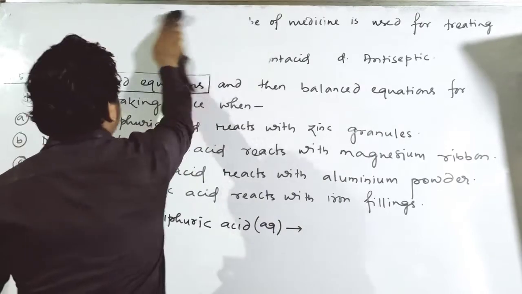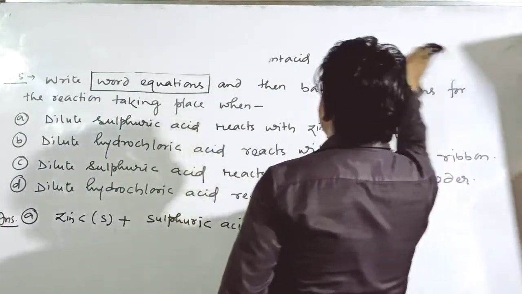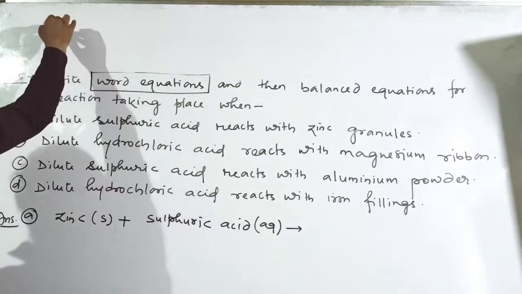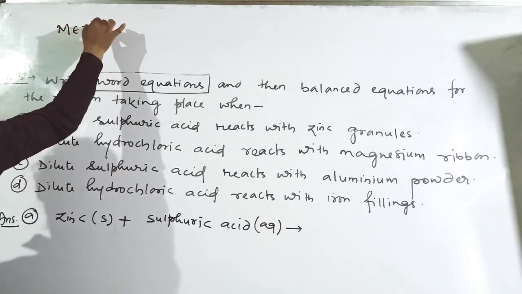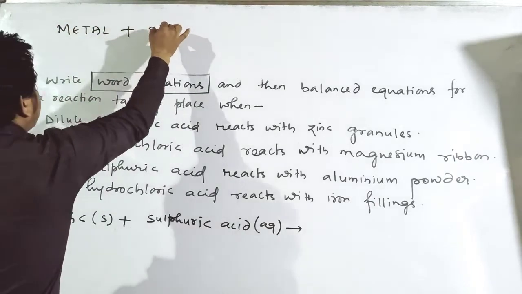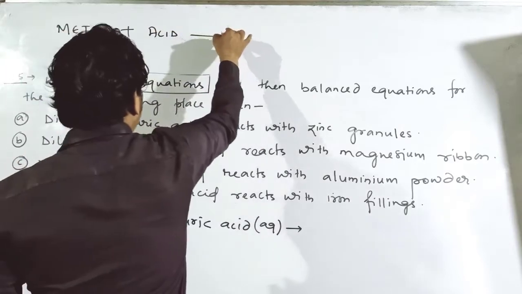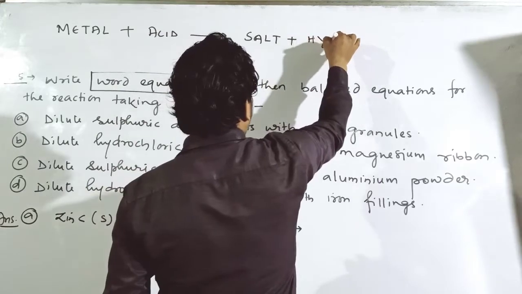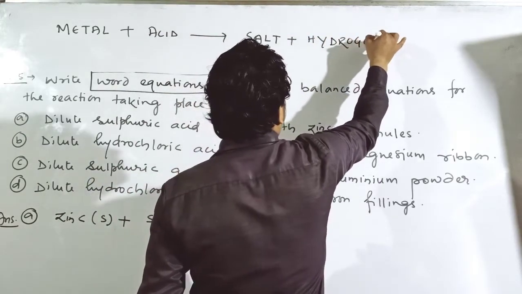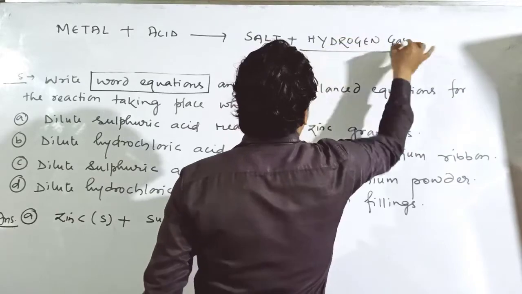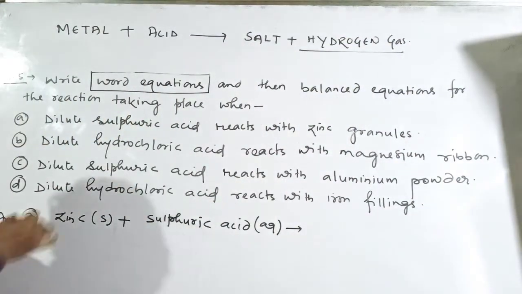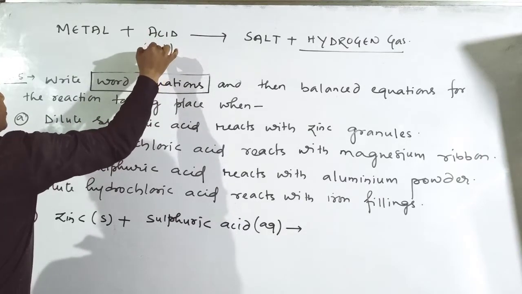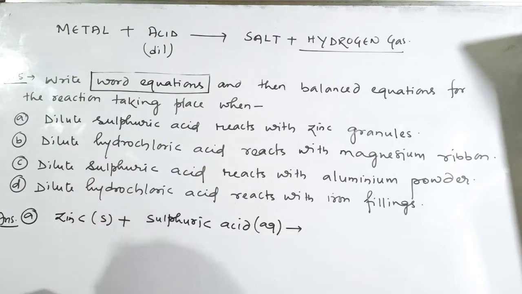In our reaction part of acids and bases, we discussed that when a metal reacts with dilute acid, salt and hydrogen gas are formed. So here the product will be salt and hydrogen gas.